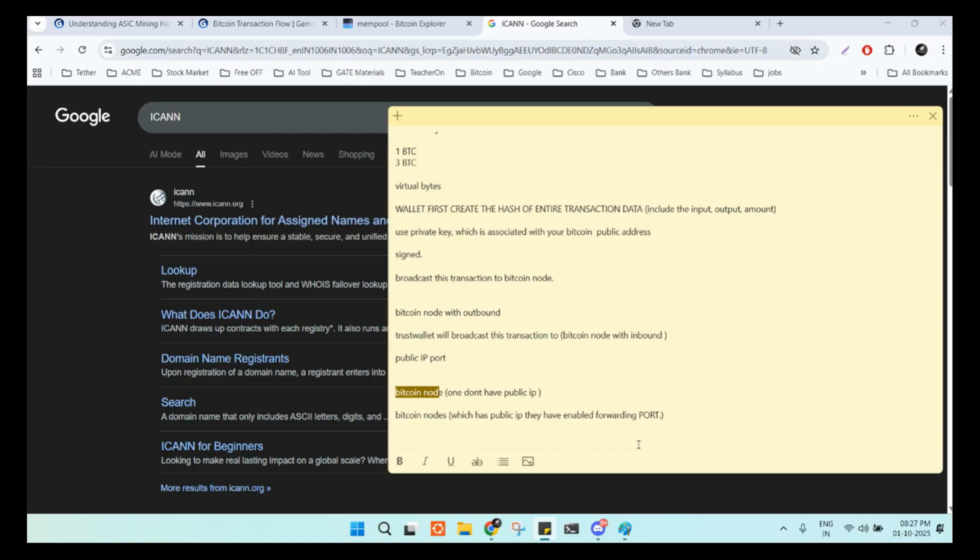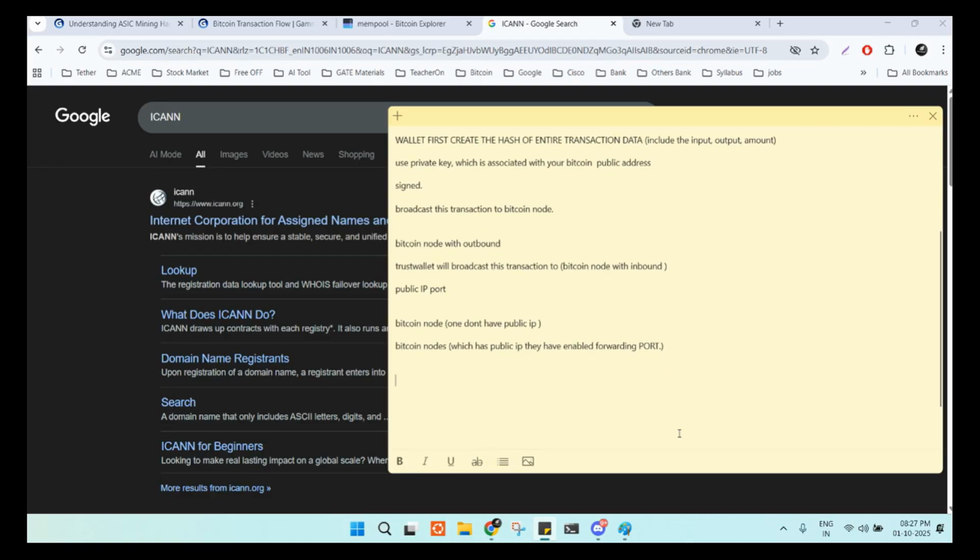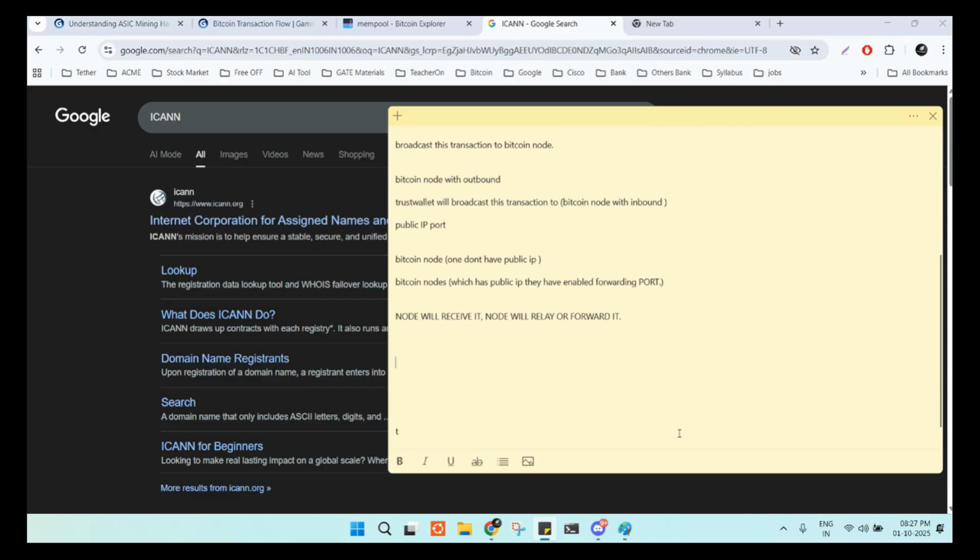Nodes receive the transaction, and people generally think a node will receive it and relay or forward it. But before forwarding it, they will also do checks or validation. The node will check whether the signature is correct or not.